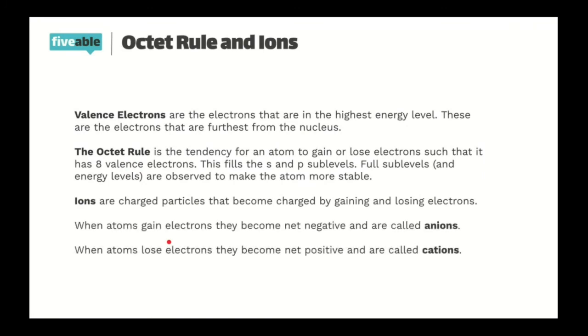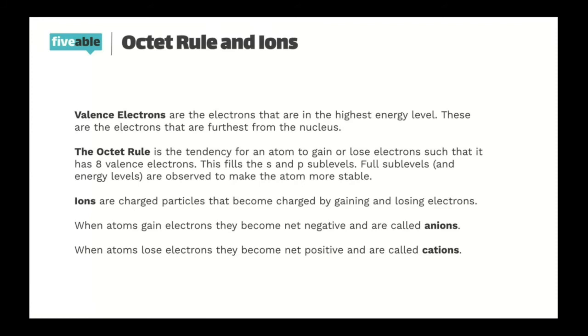Ions are going to be charged particles that become charged by gaining or losing electrons in order to get that 8. And when atoms gain electrons, they're going to be negatively charged. It seems counterintuitive, but if you take a moment to pause and think about this, gaining electrons, gaining negatively charged things makes you negative.